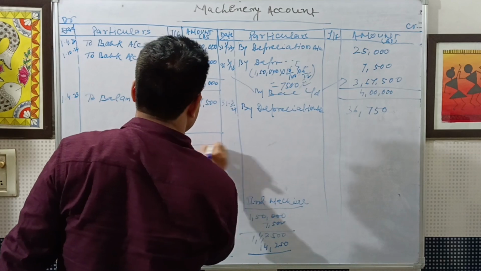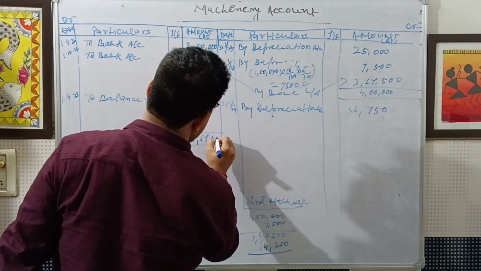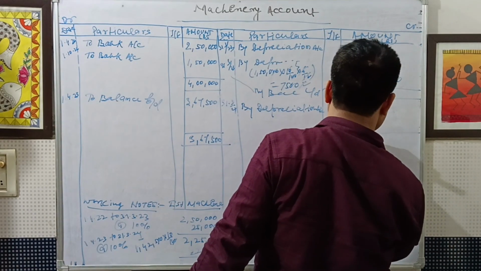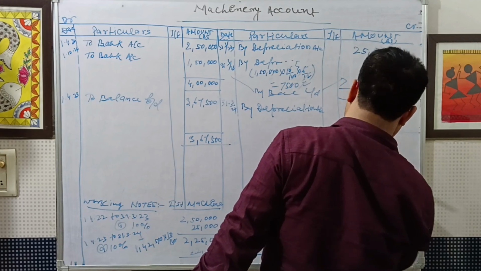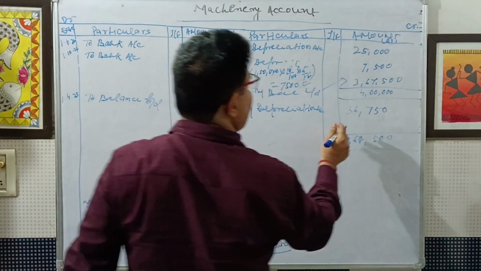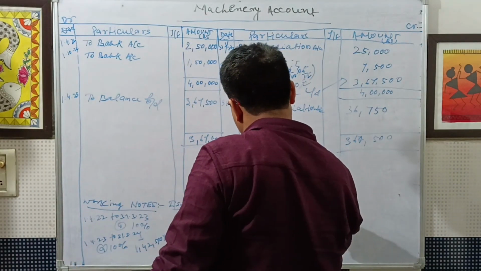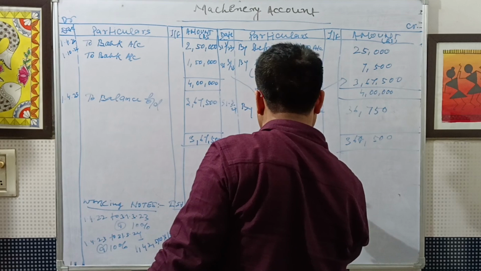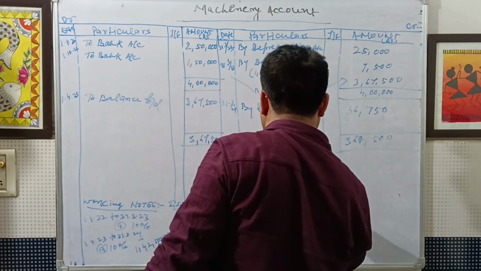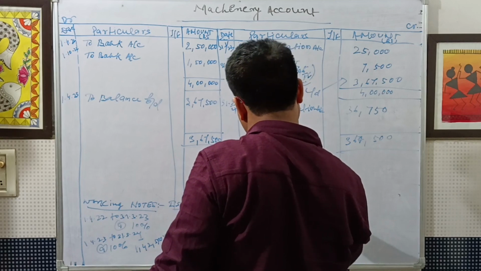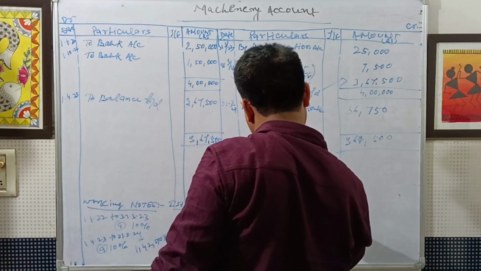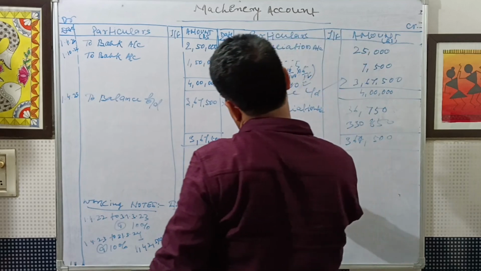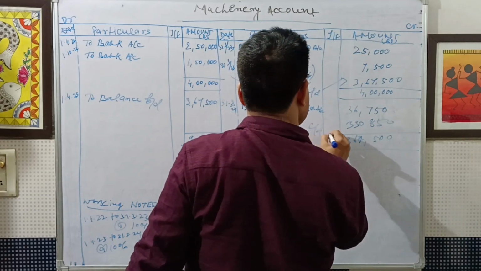So now write down here 3,67,500 minus 36,750. 3,67,500 minus 36,750 is 3,30,750. By balance c/d 3,30,750.